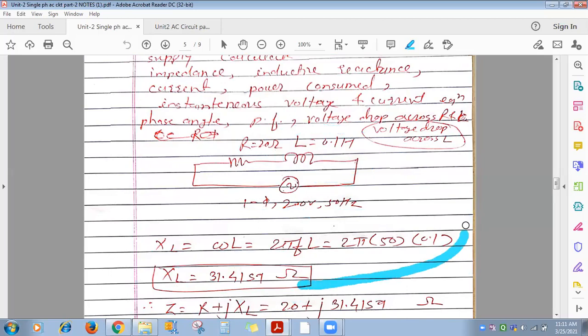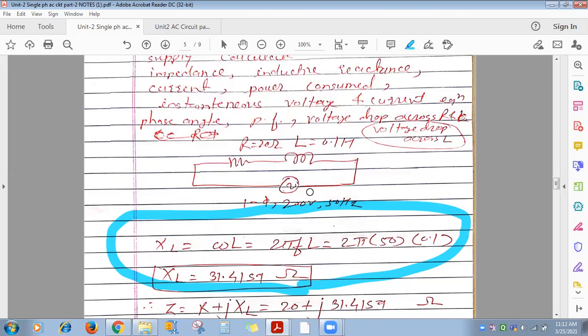Whatever the numericals in the second, third and fourth units, you only have to put the values in the formula. Only in the first unit do you have to simplify the circuit. The KVL steps are the same, but the equations and other things differ depending on the circuit.